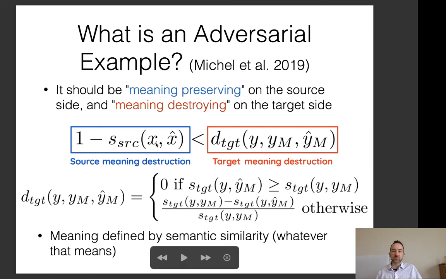But I think the most important thing is when we're talking about an adversarial example, particularly for text, let's say we flip only one word in the sentence.